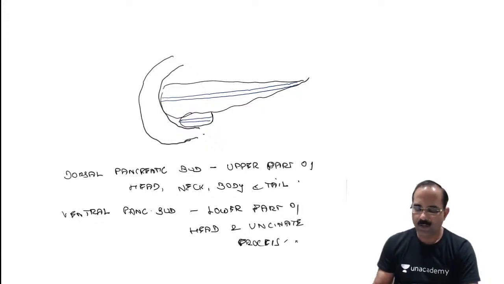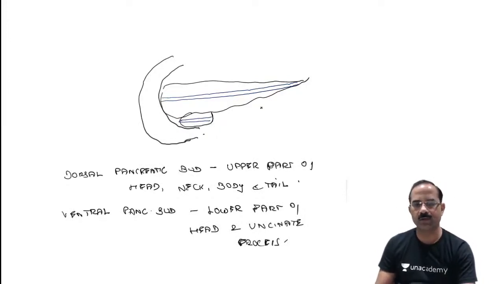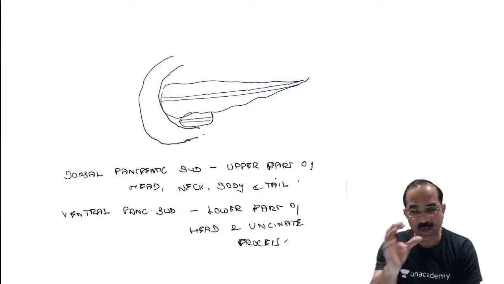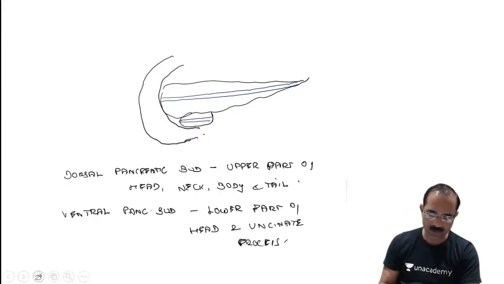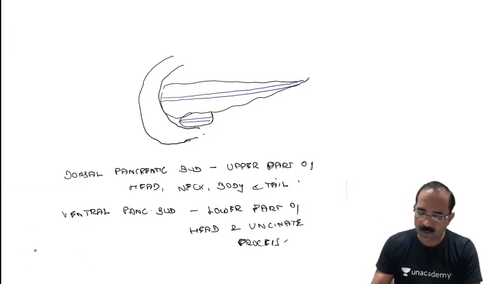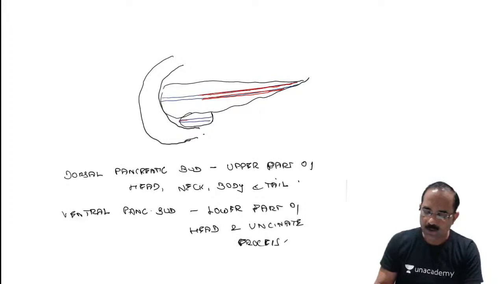Clear? So now students, this is the duct of the dorsal bud and this is the duct of the ventral bud. So how is the main pancreatic duct formed? The main pancreatic duct is derived from the duct of the dorsal bud, the duct of the ventral bud, and the anastomosis between them.